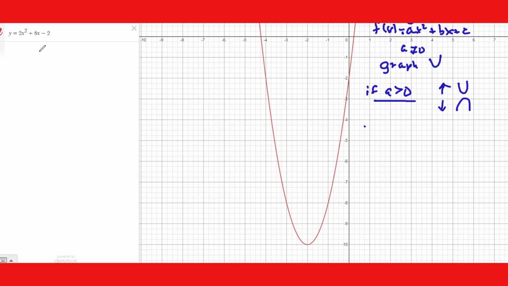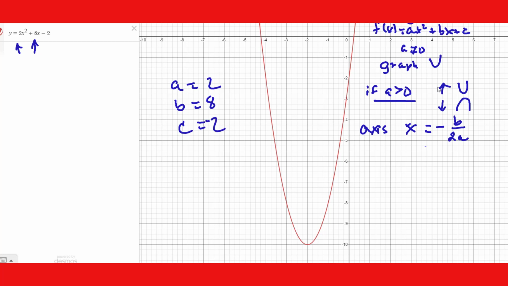Now the axis of symmetry is found by x equals negative b over 2a. Let's plug in our values: a equals 2, b equals 8, and c equals negative 2.